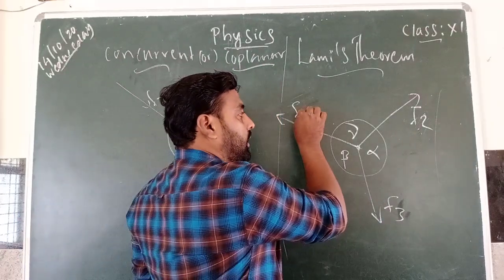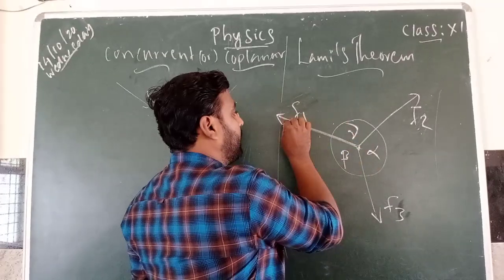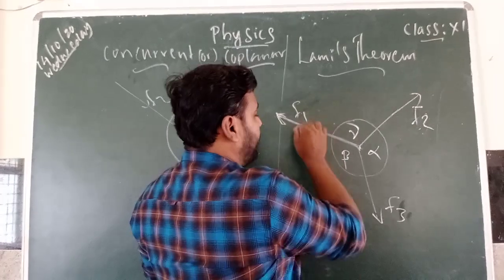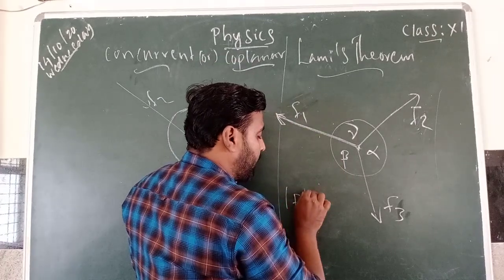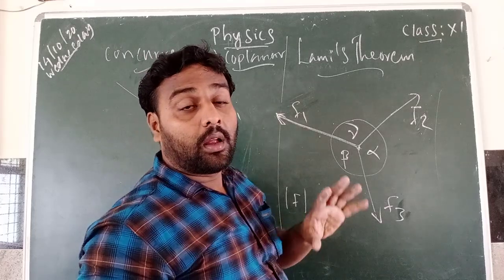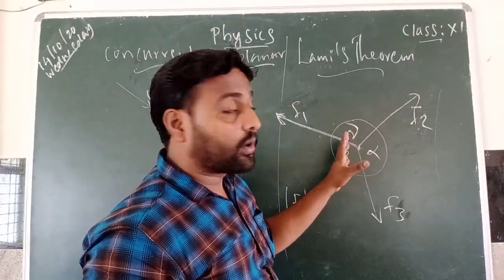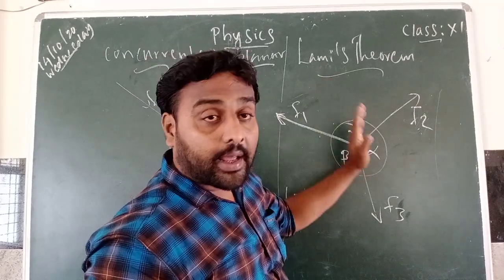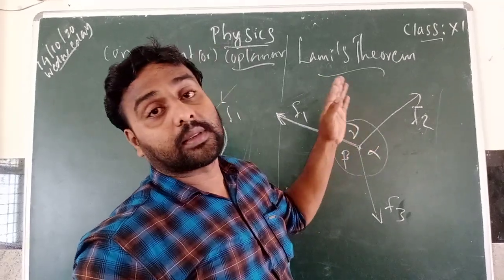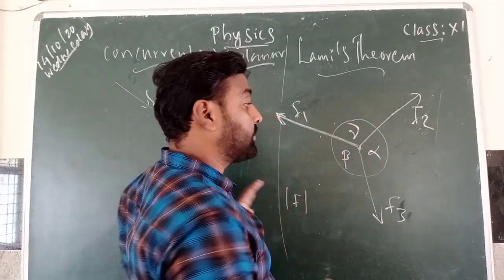Suppose you want to find the magnitude of force 1. Lami says the magnitude of force 1 is directly proportional to the sine of the angle between the other two forces. That is what Lami said.